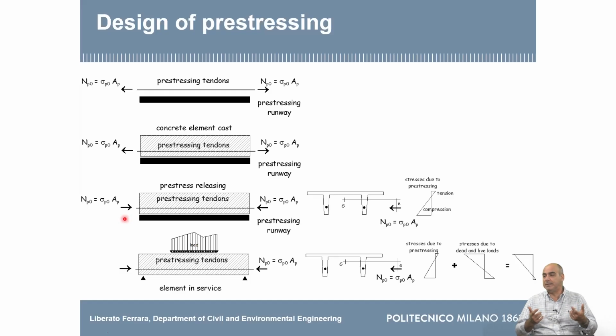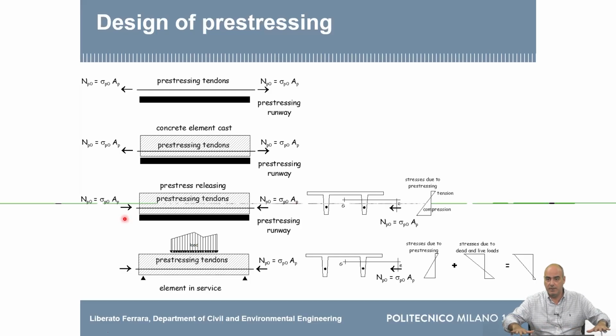And where we do expect the tensile stresses in a typical flexural element, most likely on the bottom part of the element. So we do put our pre-stressing tendons in the bottom part. But when we release the pre-stressing, the element is initially completely laying out on the runway, on the pre-stressing runway.